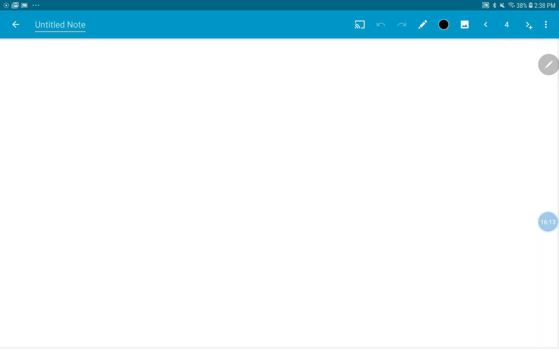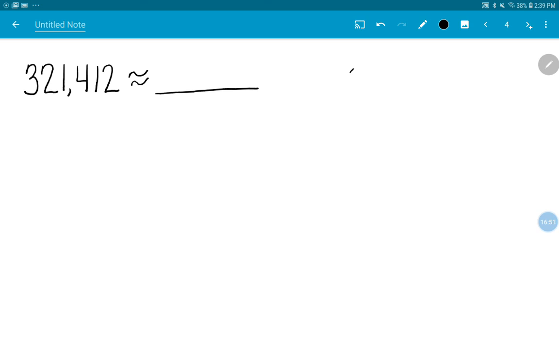All right, let's try one more. Different numbers, so you can go ahead and erase. All right, let's round 321,412 to the nearest thousand. I'm still rounding to the nearest thousand. So I'm going to draw my vertical number line.